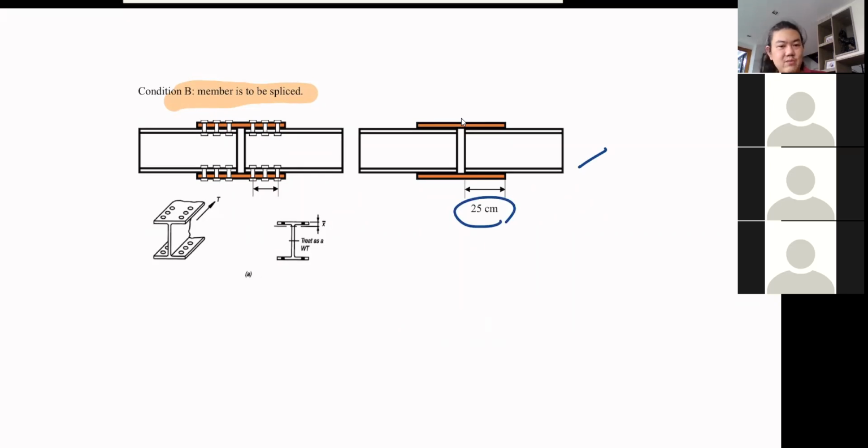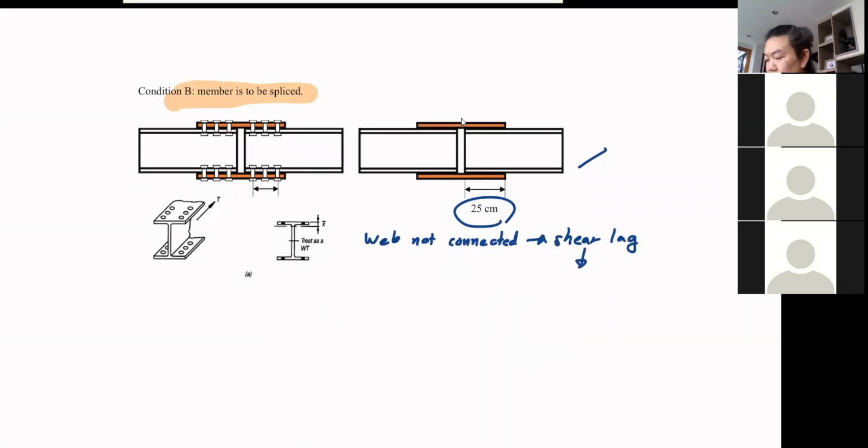And now the condition will arise because we are going to connect only the flanges. We are going to leave the web exposed. So the shear lag will occur. You can write down: web not connected, shear lag is going to occur.